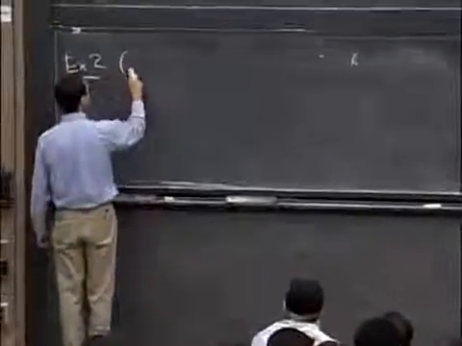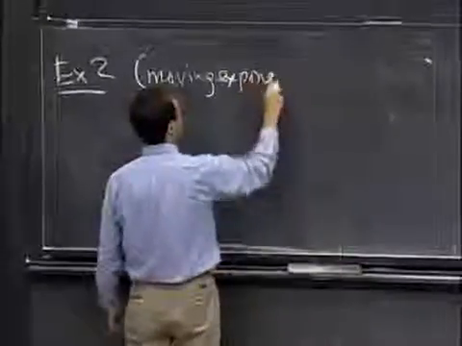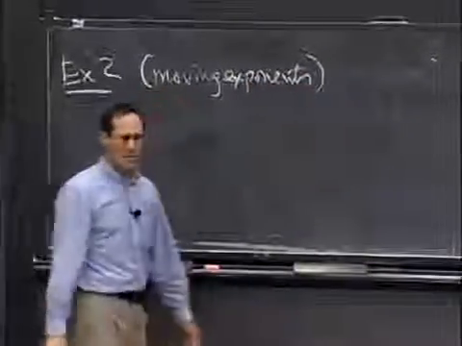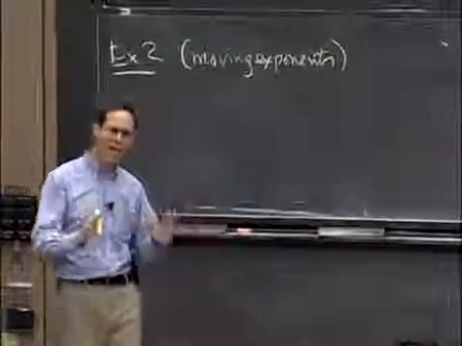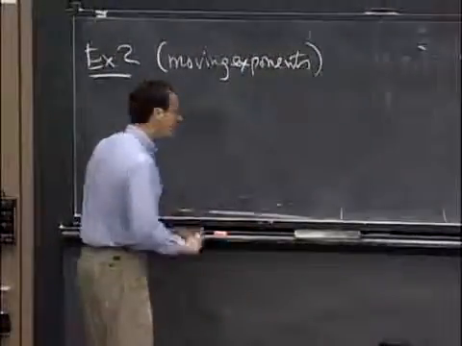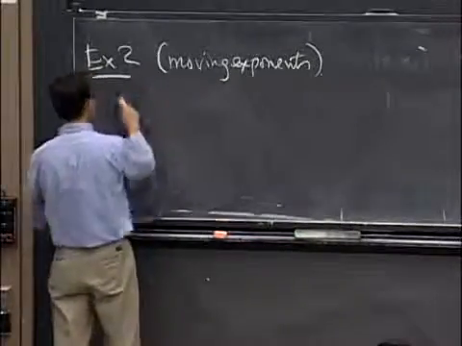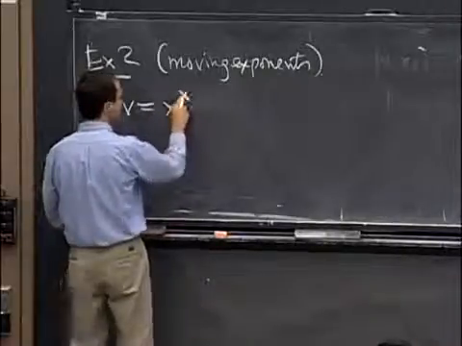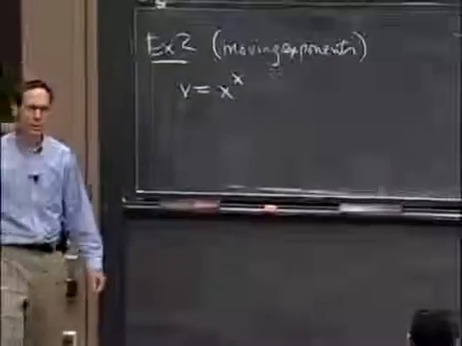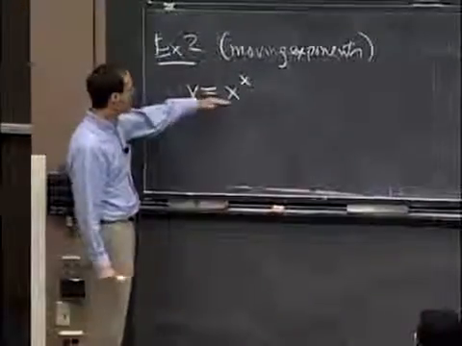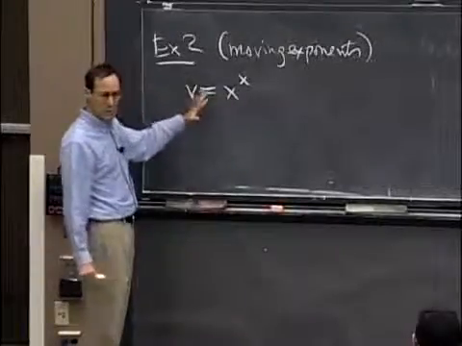Again, this is the problem when you have moving exponents. But this time, we're going to complicate matters by having both a moving exponent and a moving base. All right? So we have a function u, which is, well, maybe I'll call it v, since we already had a function u, which is x to the x. A really complicated looking function here.